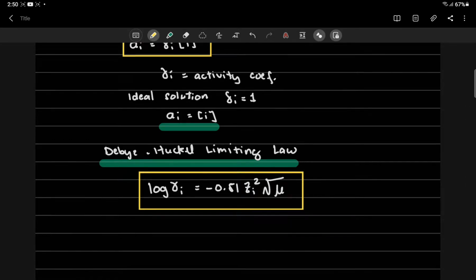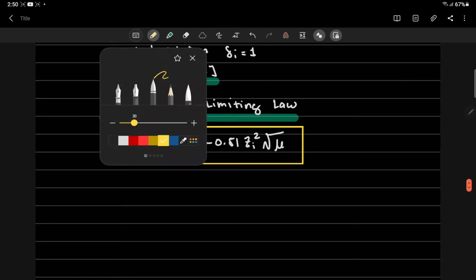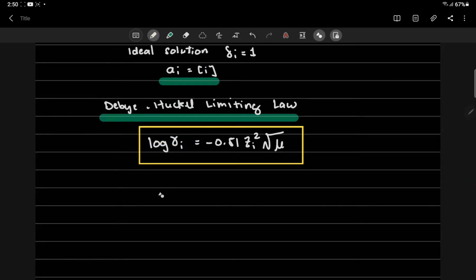So first, we have mu. So si mu, yan yung tinatawag nating ionic strength ng solution. And to compute for the ionic strength, ang magiging equation niya or formula is 1/2 times the summation of concentration of that species or ion multiplied by the charge of that ion squared.